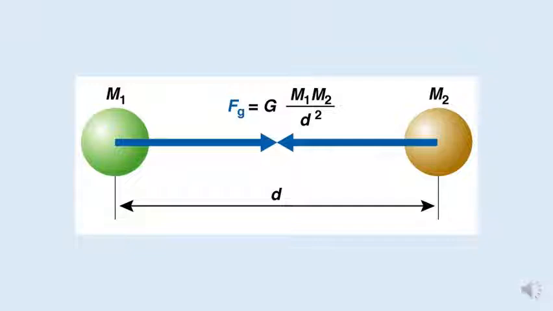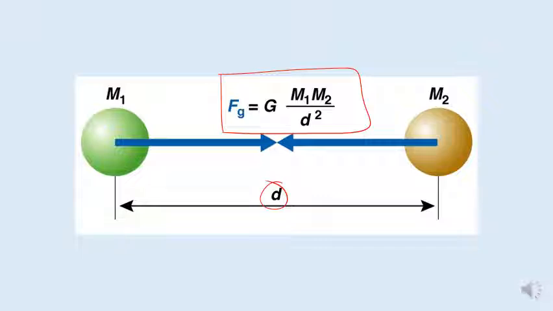Okay, so we have our diagram here, which represents two spheres or two masses, M1, M2, and their centers are separated by some distance d, as we see in the picture. The formula for Newtonian gravity is given by F equal to G M1 M2 over d squared.